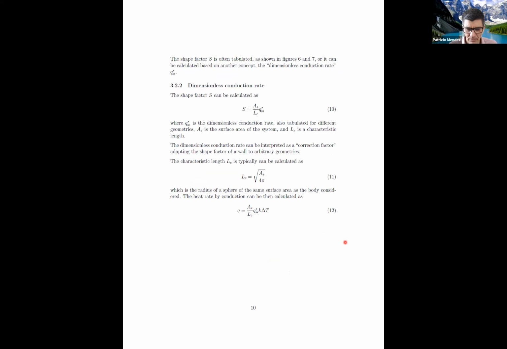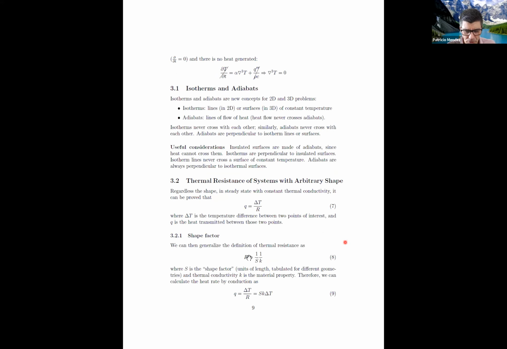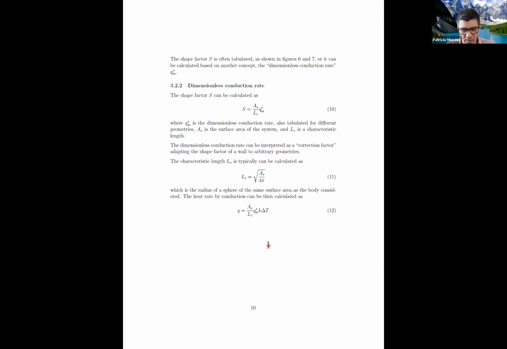So we have seen how we can calculate a resistance using the concept of shape factor. Now, we can calculate the shape factor using this other dimensionless conduction rate.